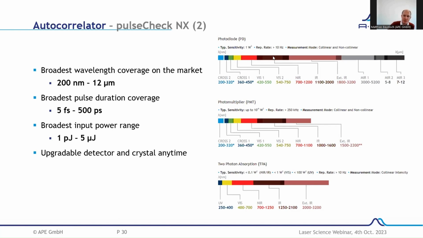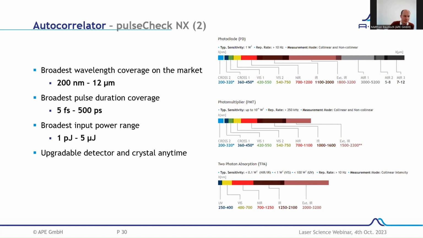Each different color in the scheme means that every time you change the nonlinear crystal inside, because it's a second order autocorrelator, you have to change the crystal, and you also change the detector. So you really change between a photomultiplier detector and a photodiode detector. This is very easy, so the customer can do it themselves.